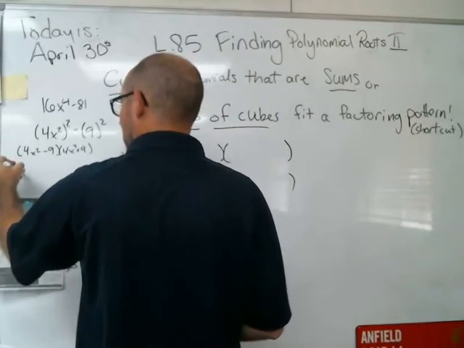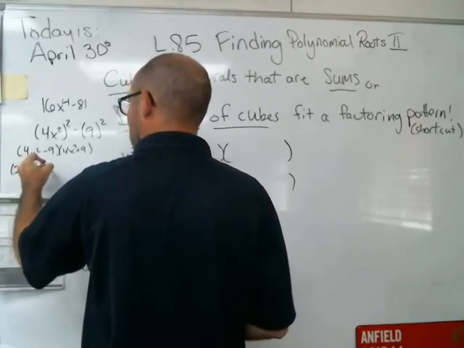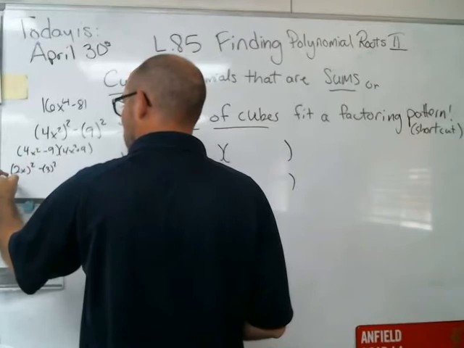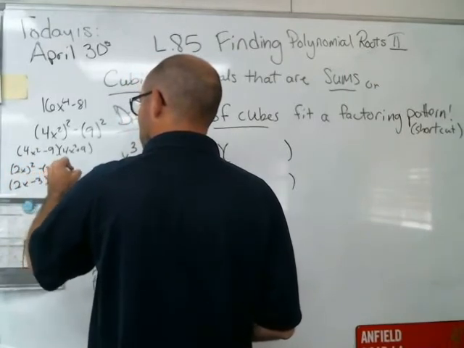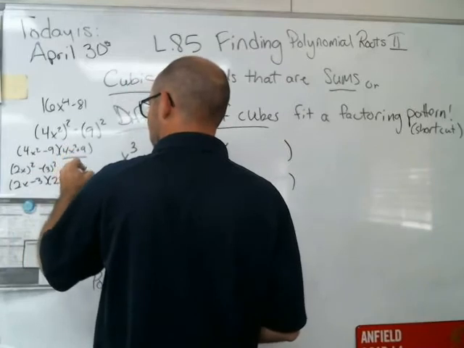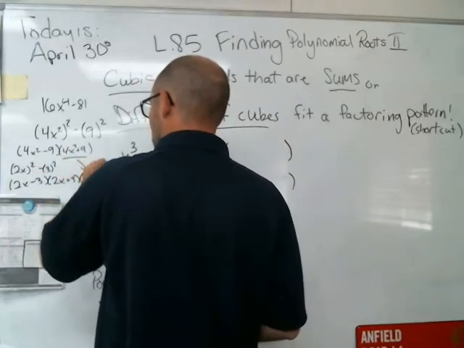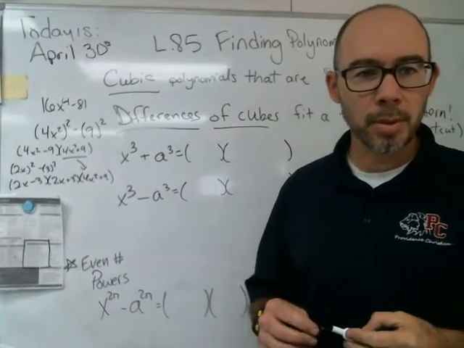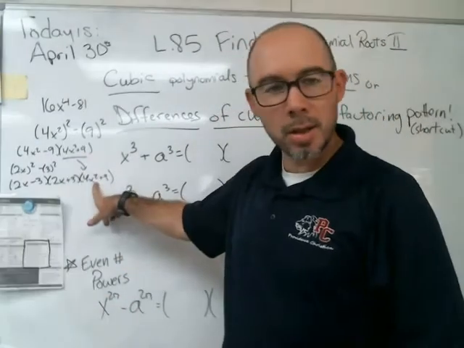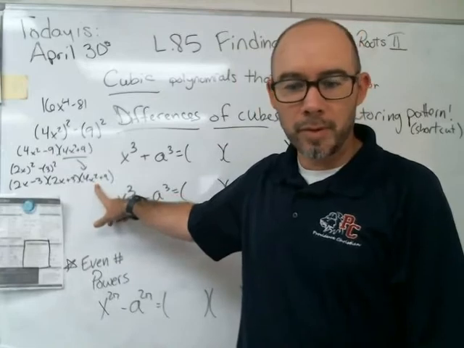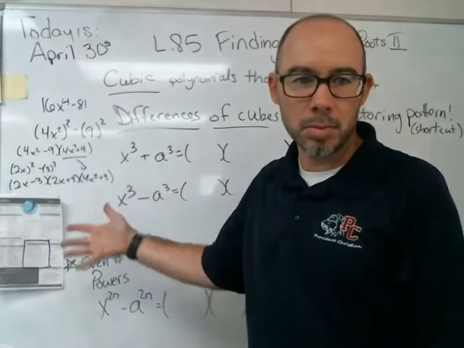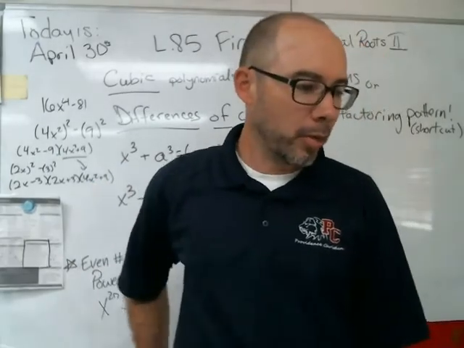This is 2x squared minus 3 squared, or 2x minus 3, 2x plus 3, and then this carries on down, 4x squared plus 9. Now, if we have to have real numbers, then we can't break this down anymore because this is the sum of two squares, and we can only do that if we're going to use complex conjugates. So anyway, we're finding roots.